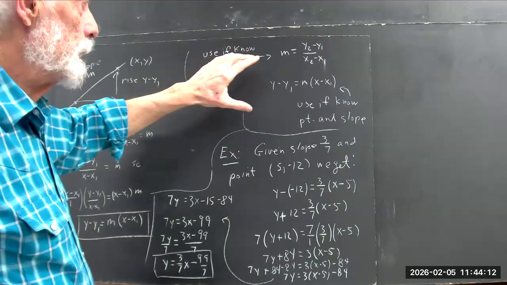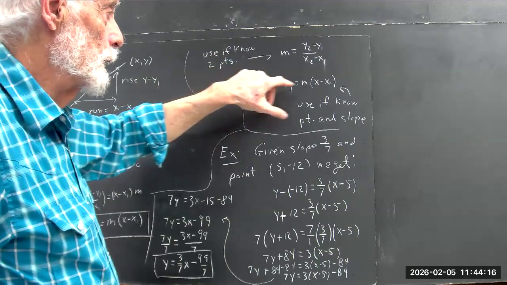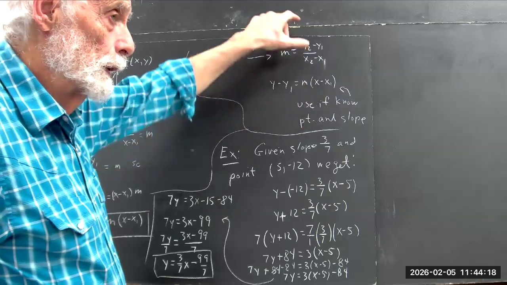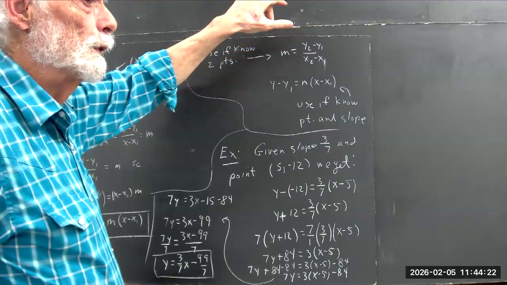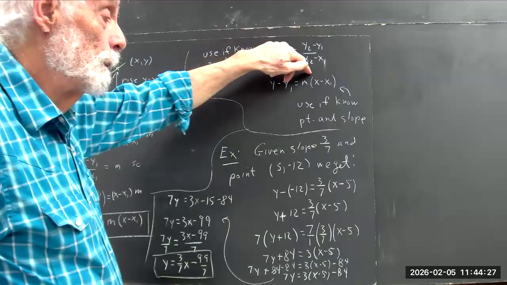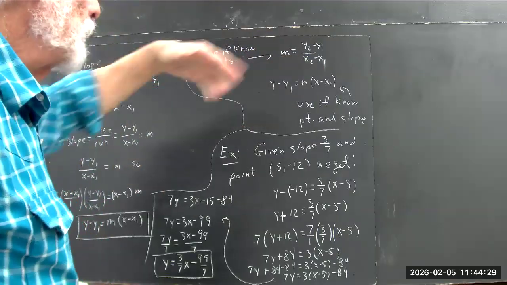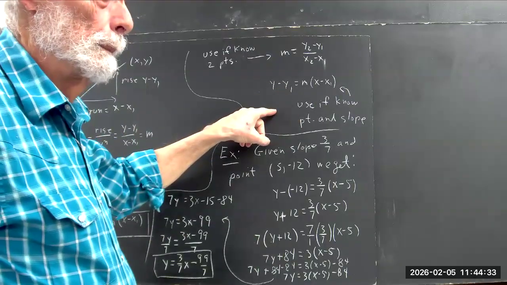So the only difference between being given a point and a slope and being given 2 points is that if we're given 2 points, we have to calculate the slope. And then we have to pick one of the points to use for x1, y1.